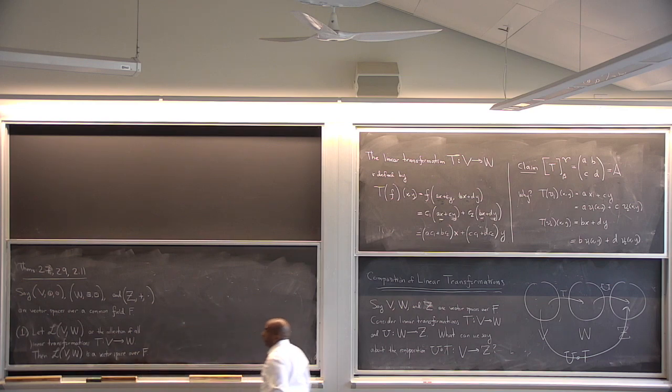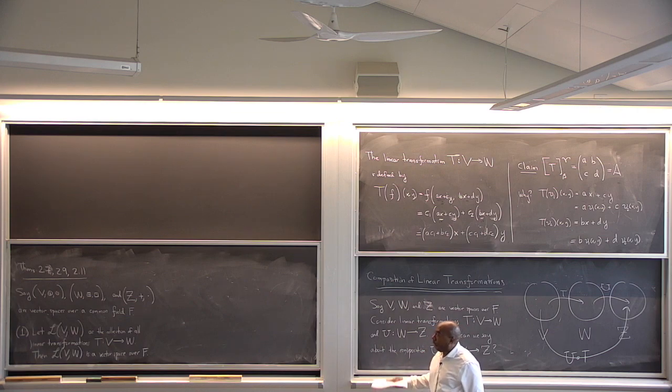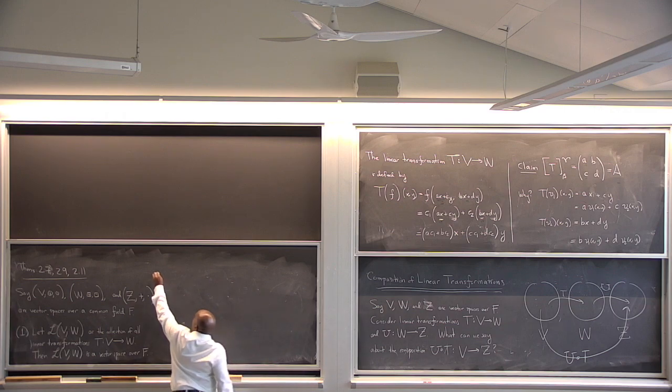In fact, it's a vector space over F. So of course I have to explain what are the operations of addition and multiplication. But we'll come back to that in just a moment.